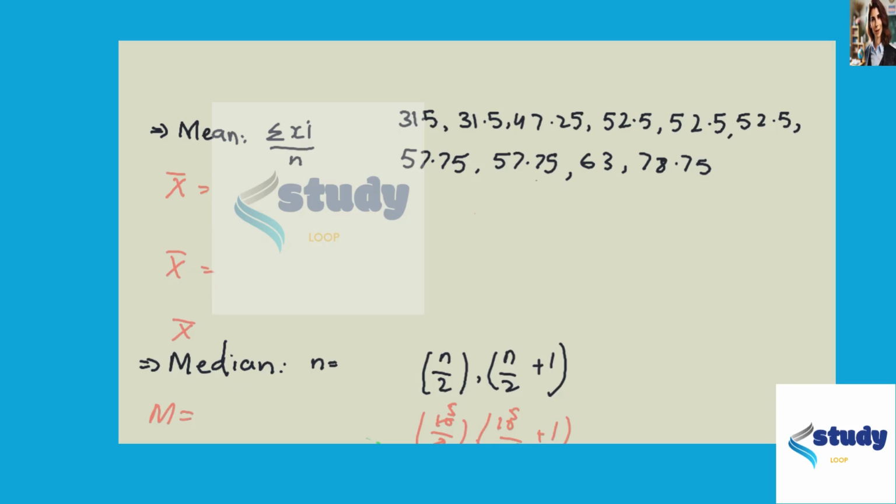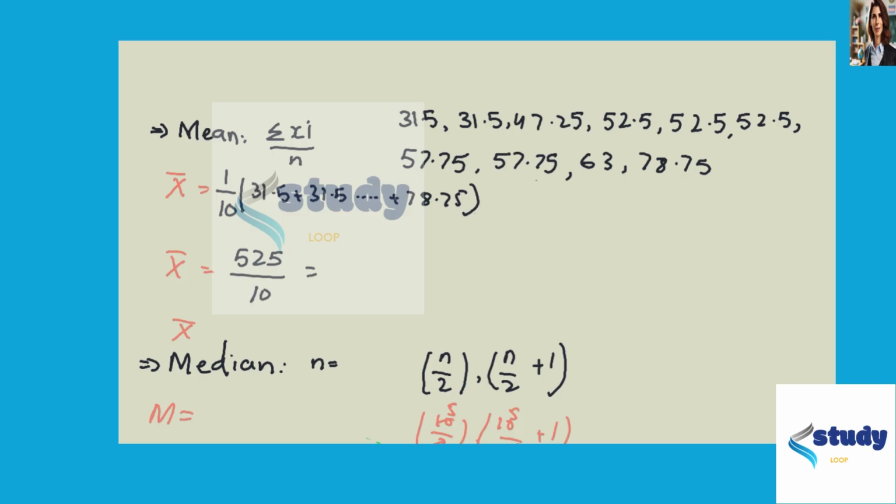So as we get here, we have 1 by 10 because the number of observation is 10. Then we will add these numbers, all of the observations like this. So I will show it like this, 78.75. So these all will add it. We get the answer that is 525 by 10.